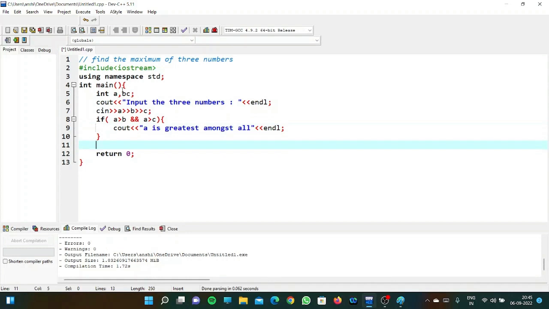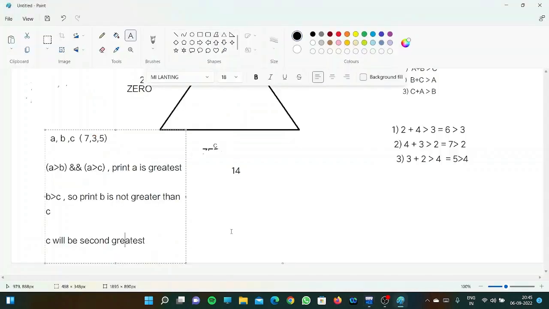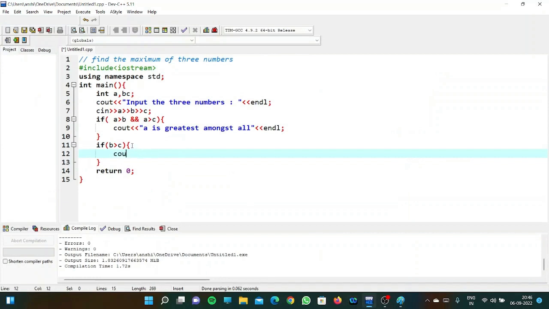Now coming to the next condition, if B is greater than C. I'm sorry, I wrote B was smaller, right? Really sorry, my bad. Now here I wrote that if B is greater than C, then you can cout B is greatest.